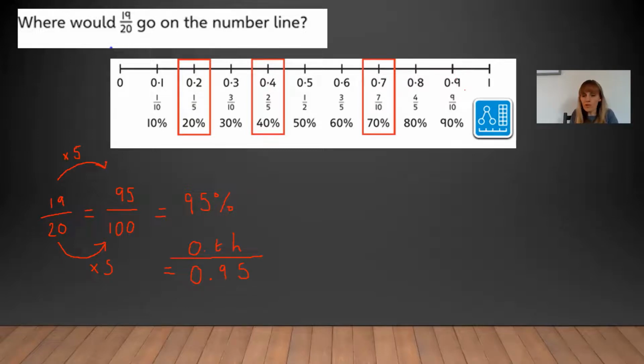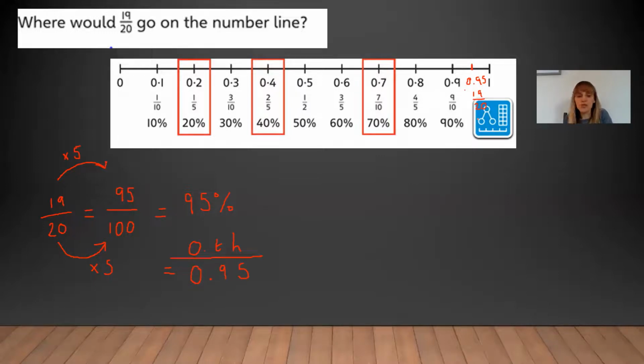Well, look, here's 0.9 and here's 1. Now 0.95 is halfway between there. So 19/20, which we've decided is the same as 0.95, would be there. So I can write that onto my number line just the same as the others.